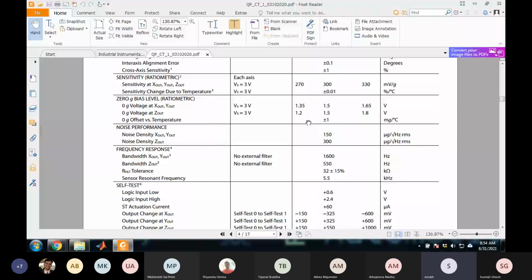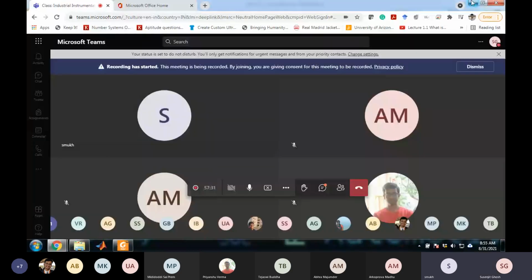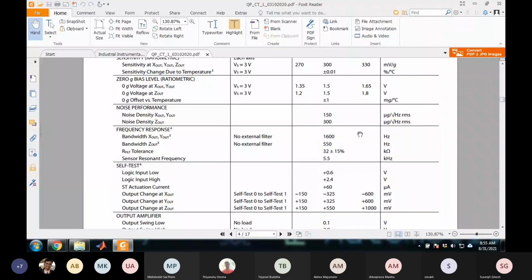So 300 into 20 divided by 1000 is 6 millivolts. So that's the offset error that can happen due to temperature. That is the effect of temperature as interfering input.